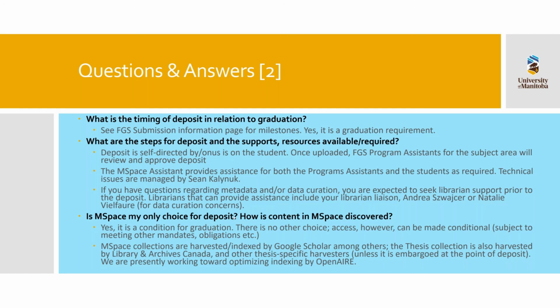The thesis collection is also crawled or indexed by Library and Archives Canada and other thesis-specific harvesters, unless, of course, it's embargoed or restricted. We can get into that as well. We are presently working towards optimizing indexing by OpenAIR. And I'll leave that at that in terms of OpenAIR, but if you have questions about what that is, happy to talk about that as well.